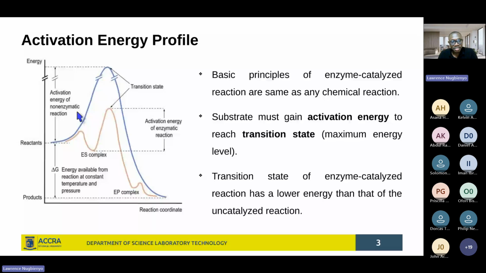Now, you see the orange line represents the energy profile of an enzymatic reaction. That's a catalyzed reaction.